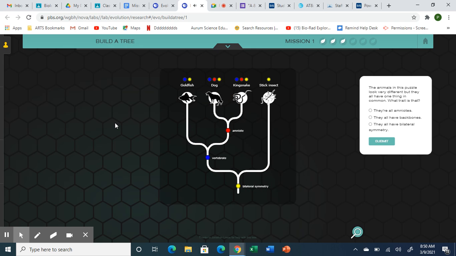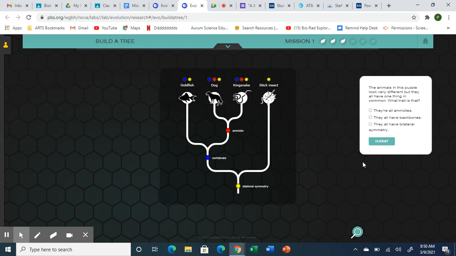Ah, finally, we got it. All right, so the animals in this puzzle, and you see how it took me moving around quite a few times because I've done this with 2 other classes, and I don't remember from time to time what goes where. So it's just a matter of moving it around and finding the answers out.